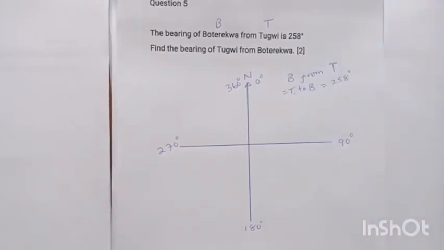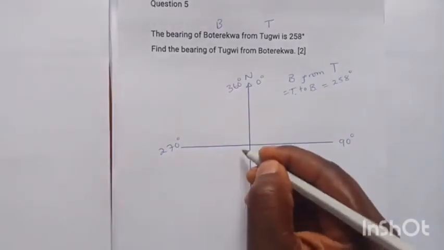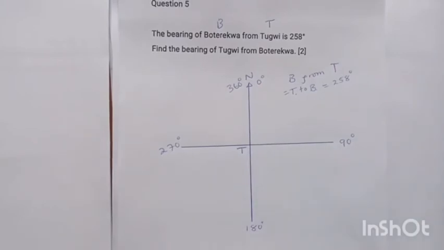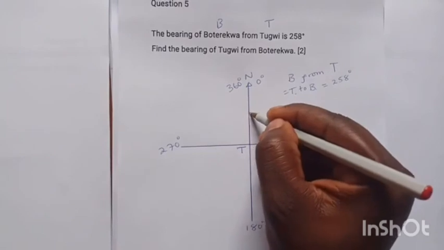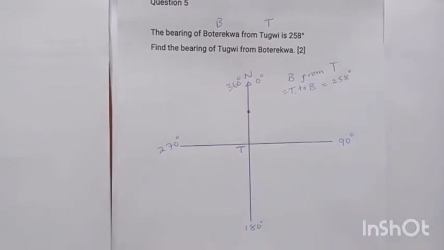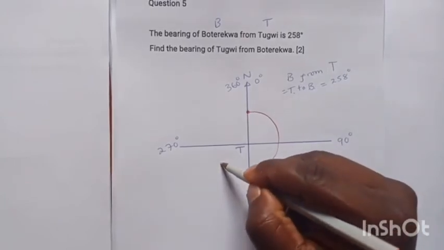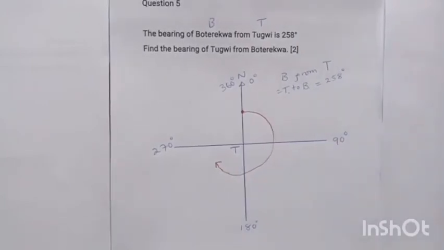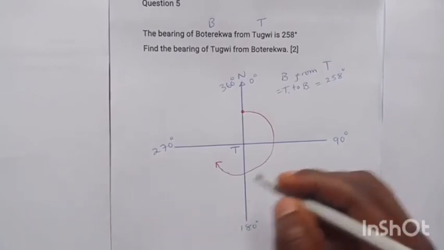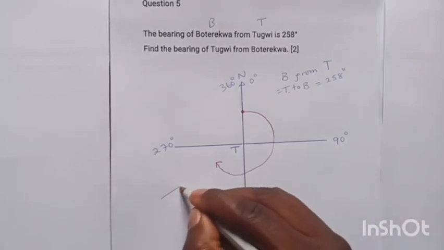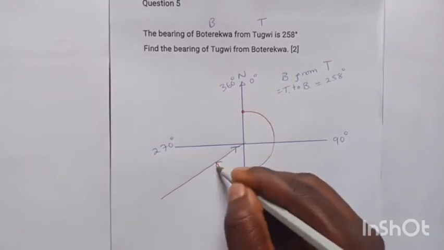B from T is equal to T to B, which is representing 258 degrees. So T is our initial point to be placed at the heart of the compass. I'm going to measure 258 from the north pole of T, moving in a clockwise direction, like this. So I need to draw a straight line from T to touch this arrow.